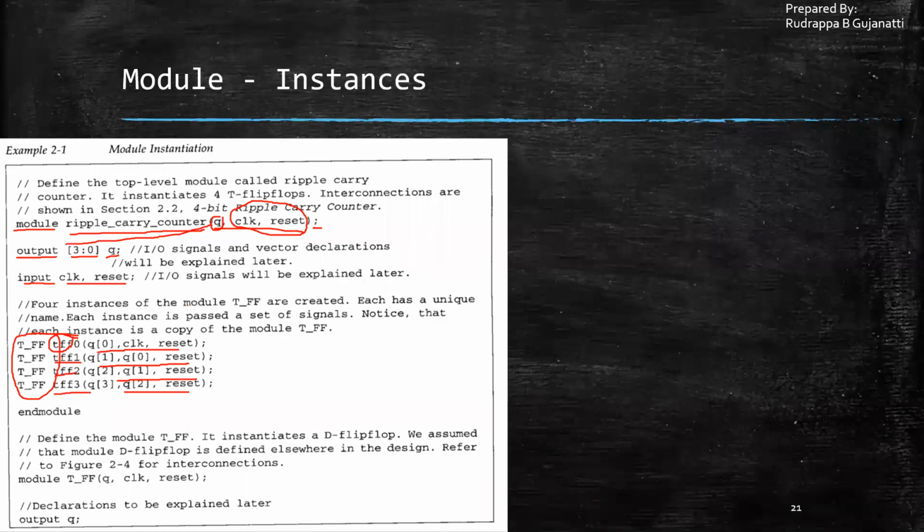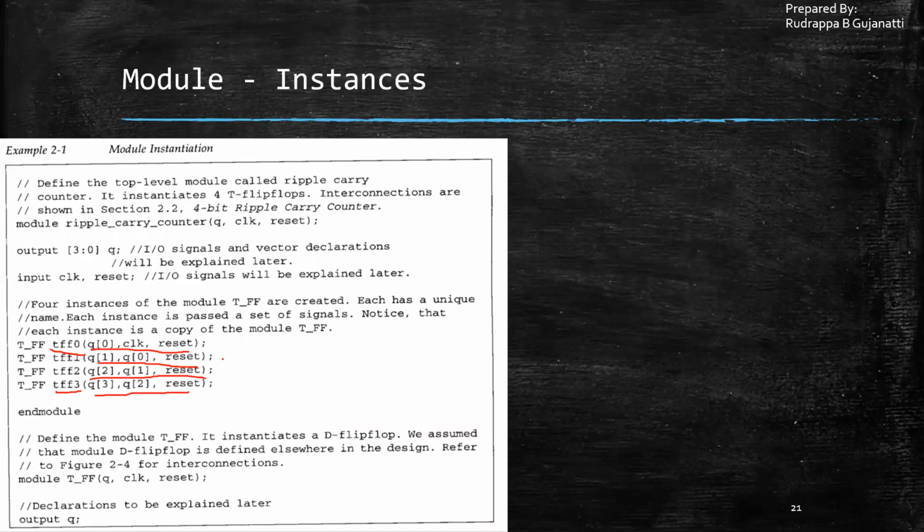There are 4 instances created for the module T flip-flop. T underscore FF is the module name we have given. Using that template, using that module, we are creating instances of that module. So in this case, I am having 4 instances of T flip-flop, TFF0 to TFF3, and each is passed with certain parameters. Each has some terminal list.